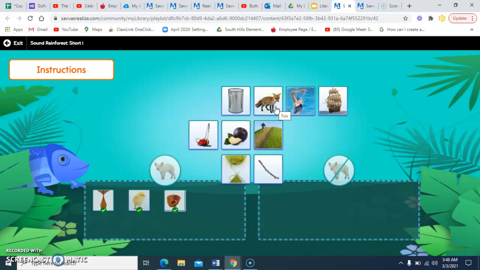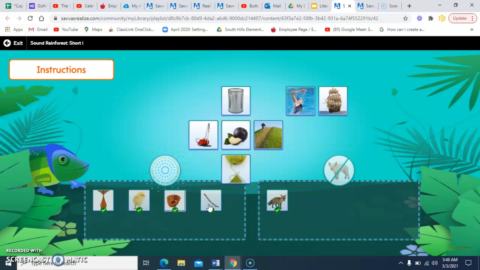Where does fox go? Okay, because fox has the short O sound. Stick, stick. Does it have the short I sound? Yes, just like pig.